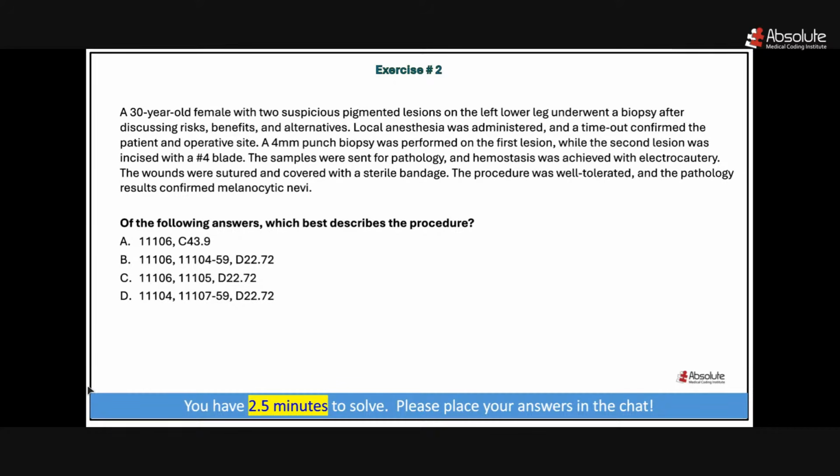Of the following answers, which best describe the procedure, coders? Okay, again, I will give you 2.5 minutes. Place your answers in the chat and all the best.